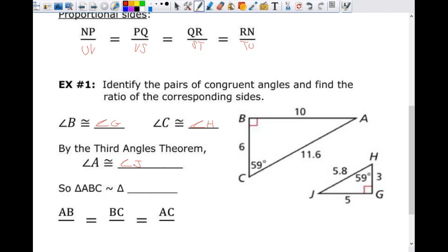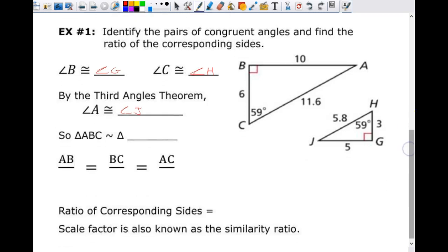Okay. So triangle ABC is similar to triangle, well, what is A equal to? J. What is B equal to? G. And what is C equal to? H. Triangle JGH. Okay, now we're doing the sides.